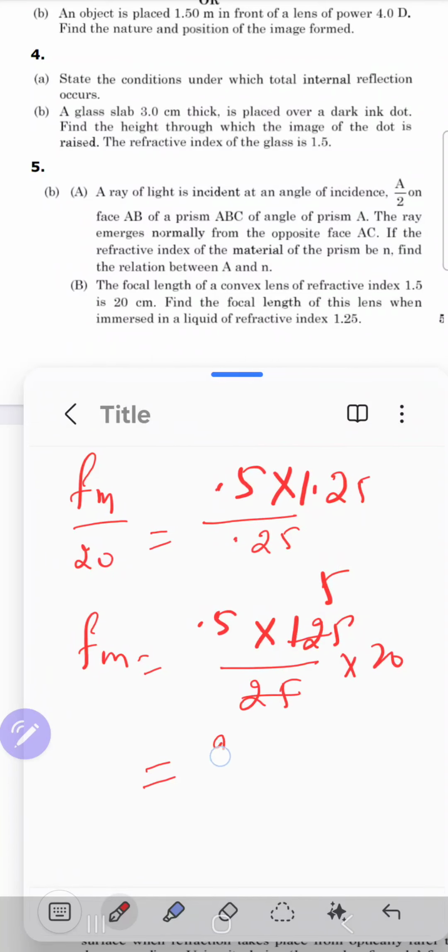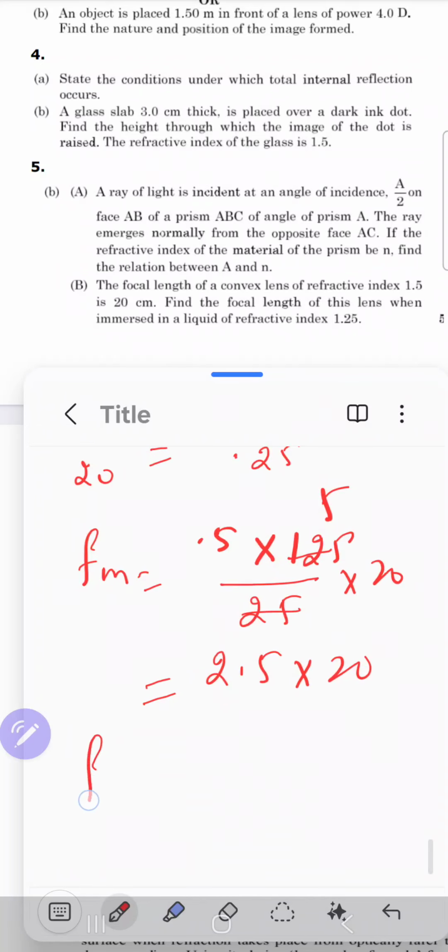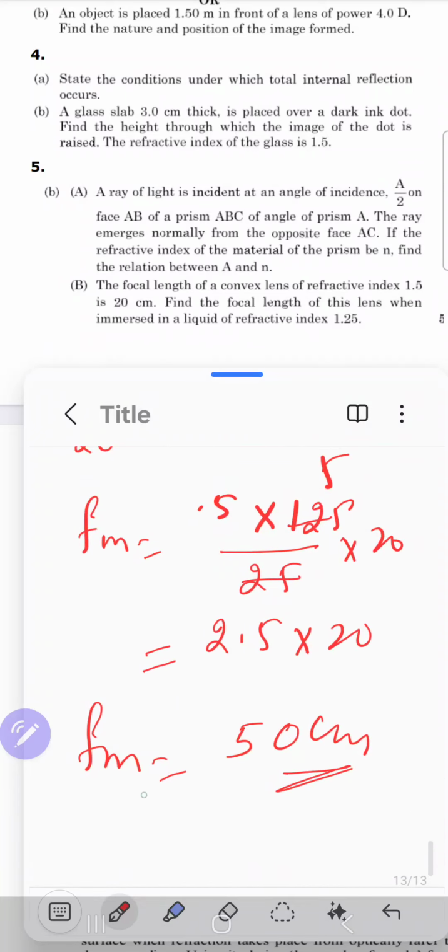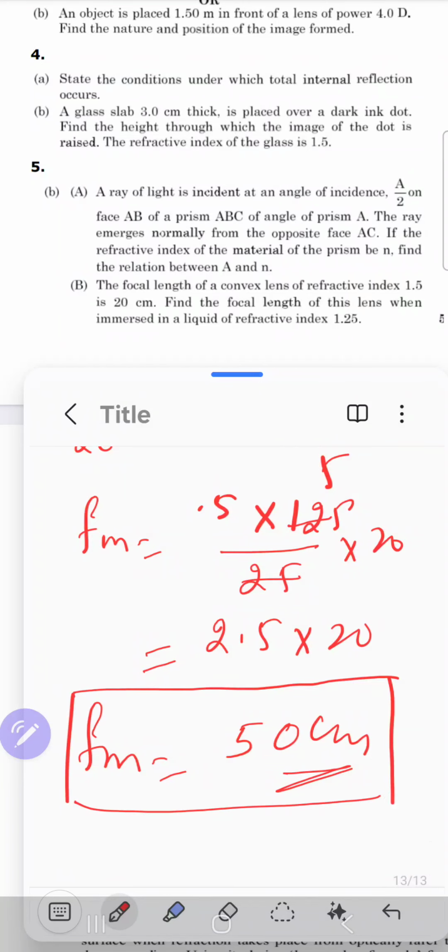So this would become 2.5 into 20, or Fm would become 50 cm. So the focal length of the lens when it is dipped in a liquid whose refractive index is 1.25 will become 50 cm. So that's all for today. Thank you.